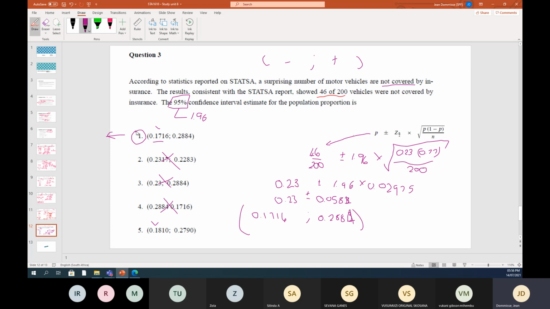When the standard deviation is unknown, we need to use the T. And when we work with population proportions, we can always use the Z. We only use the Z. Again, for a 95% confidence interval, the Z is 1,96. Okay, so that is study unit 8, everyone.